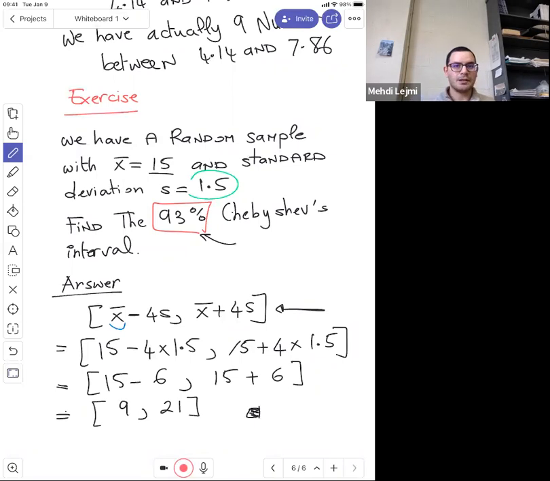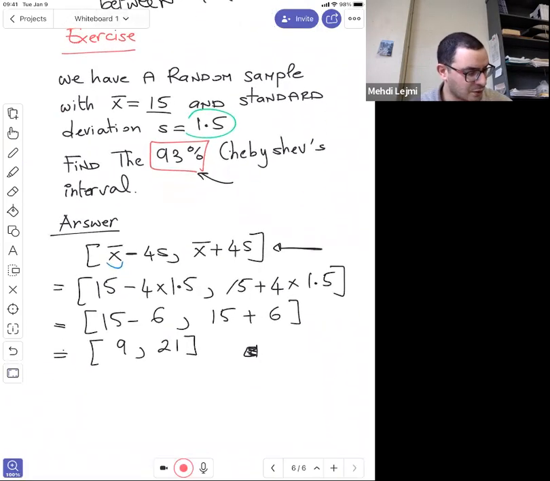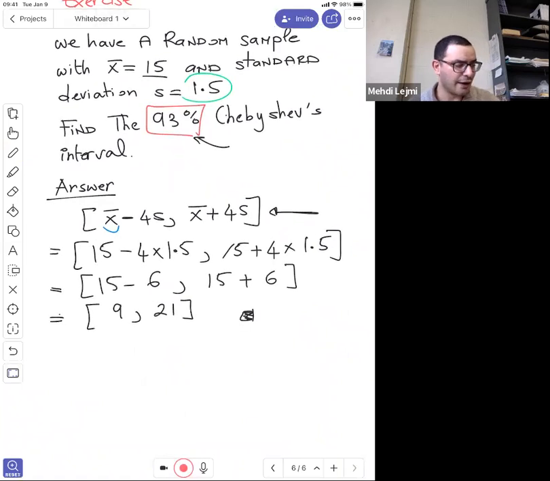So again, what we are saying here is that at least 93% of your data values are going to be between 9 and 21. So you're done with the exercise. All you have to do, guys, is find the interval. Once you've got your interval, you're done.